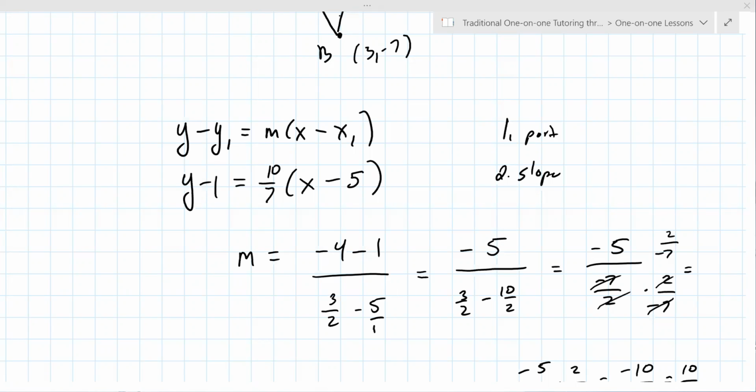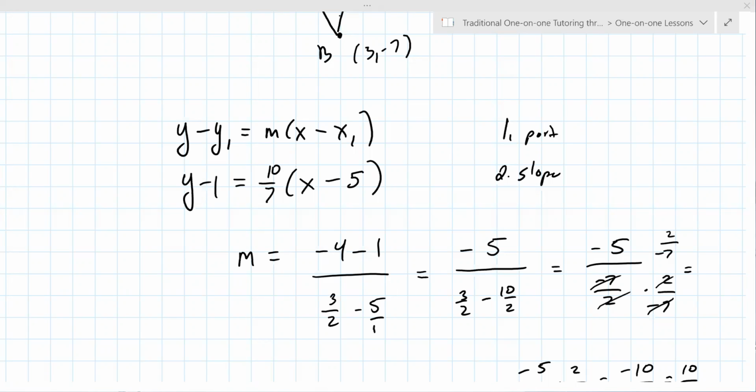Collinear means they're on the same line. Oh, okay.